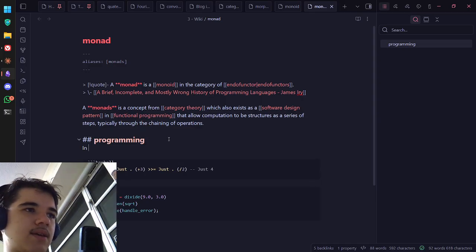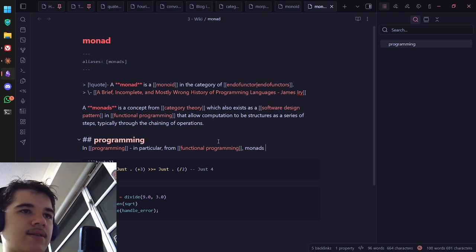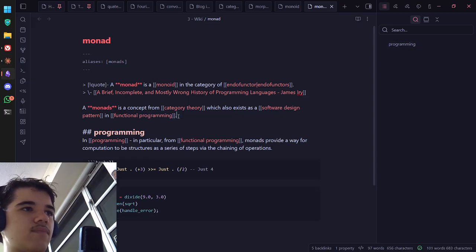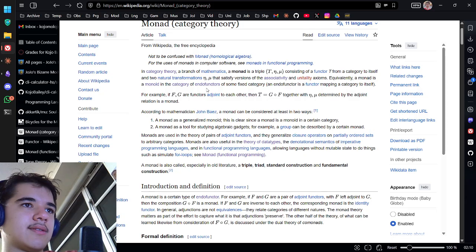So in programming, in particular from functional programming, monads provide a way for computation to be a series of steps via the chaining of operations. Okay.